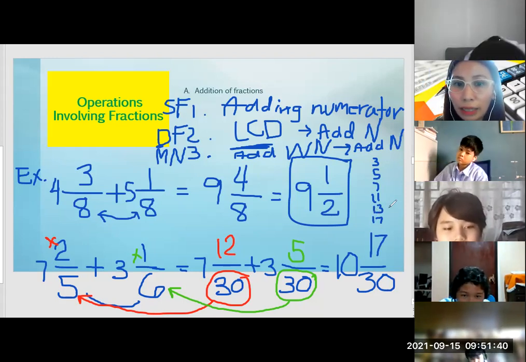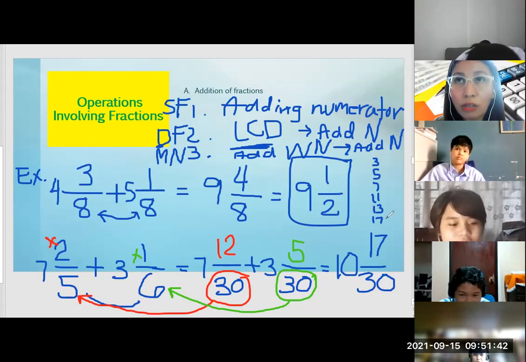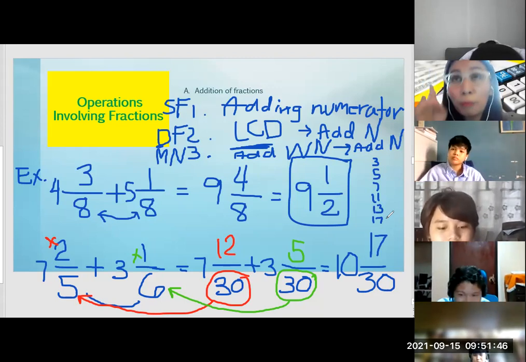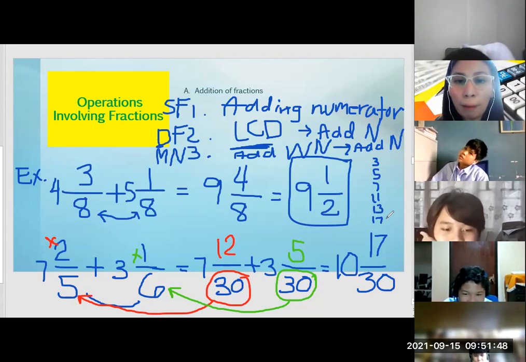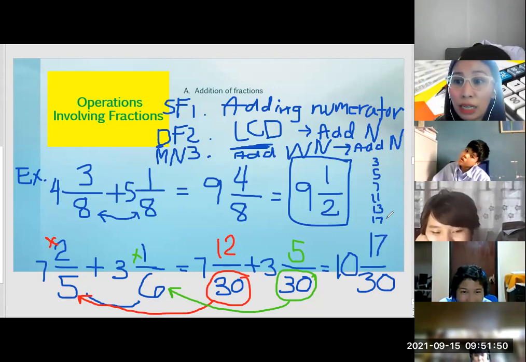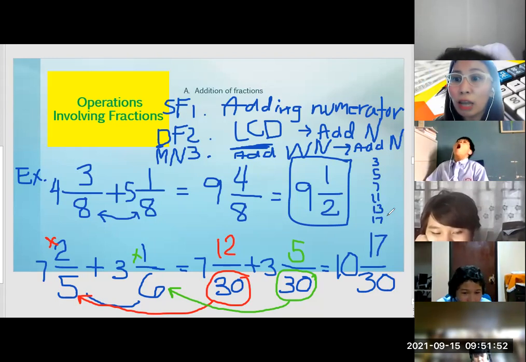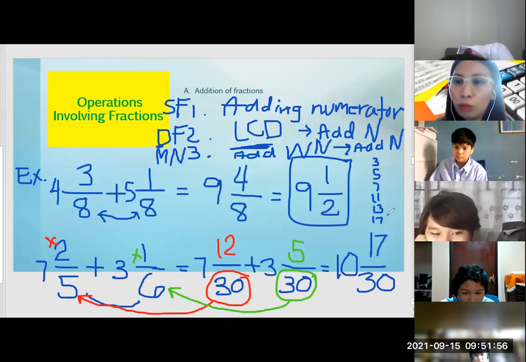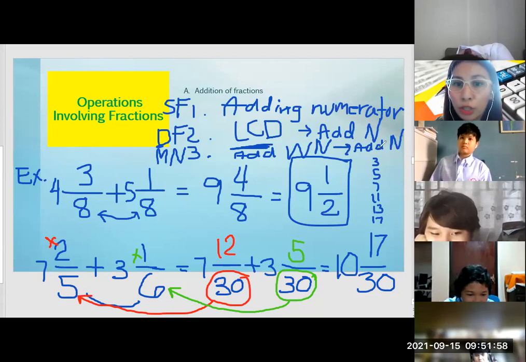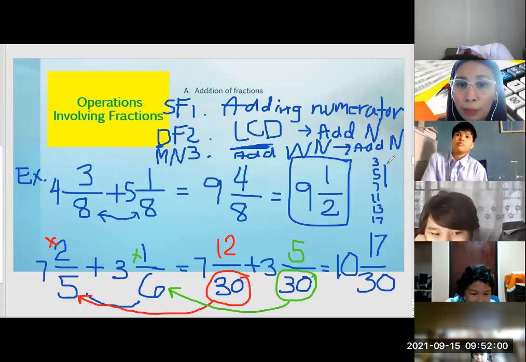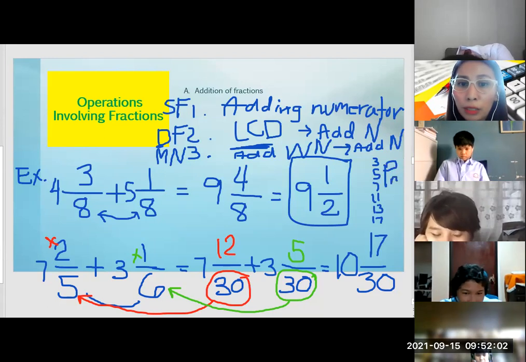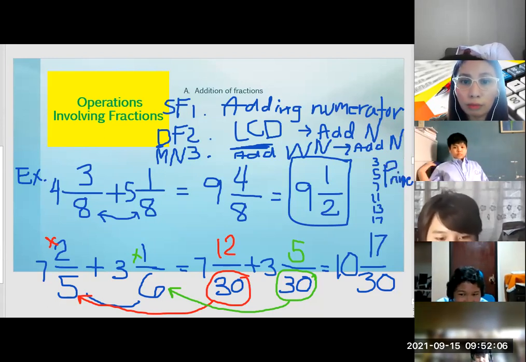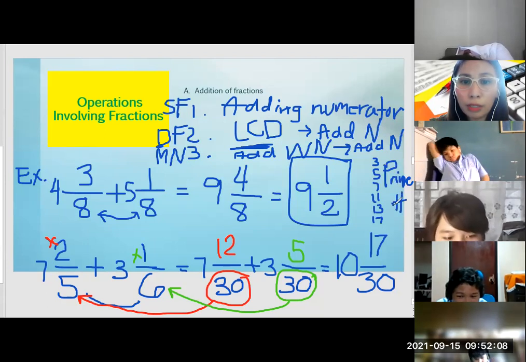Right? 17, you cannot have any factor that you multiply with another number other than 17 itself, right? 17 times 1, 11 times 1, only that number. That's what we call a prime number.